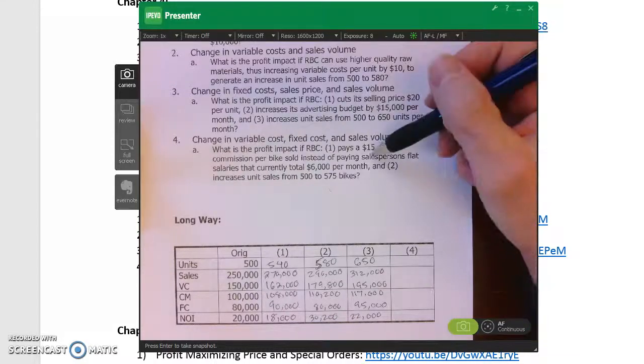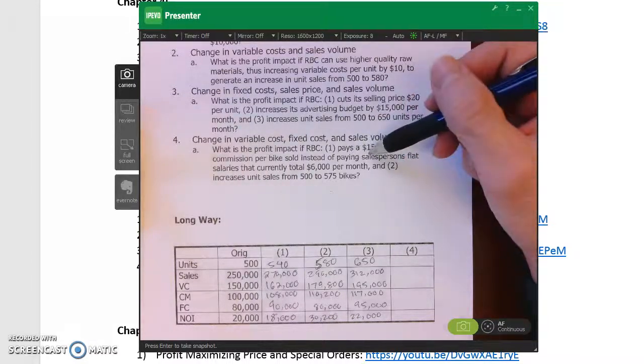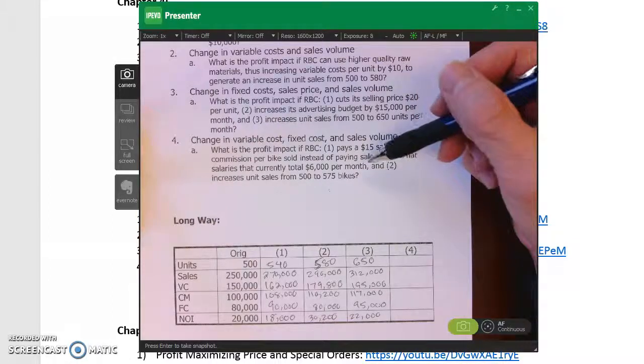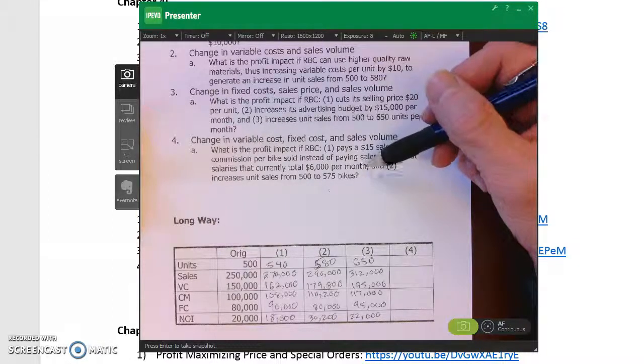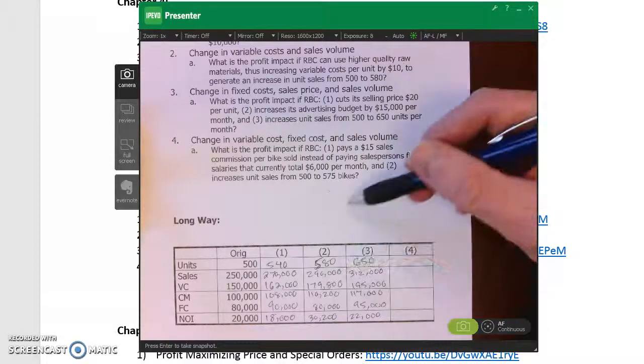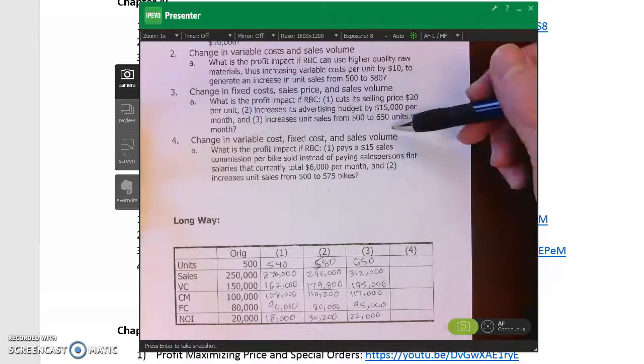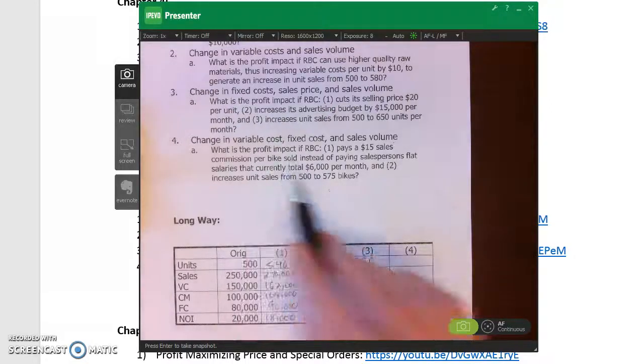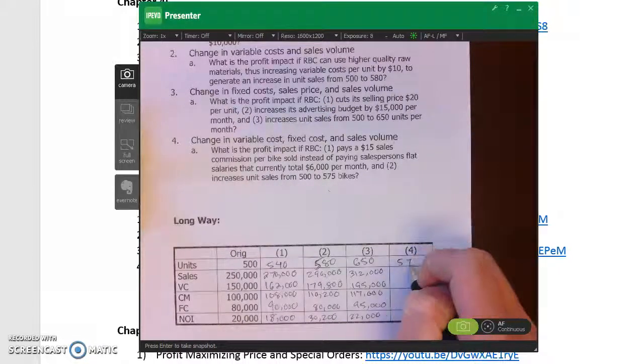So by paying salespeople commissions rather than salaries, you're reducing that conflict, because the more that they sell, the more the owners make, and the more the salespeople make. So it becomes a win-win situation for the owners of the firm and the salespeople who are employees of the firm. Okay? So getting back to the point, this becomes 575.